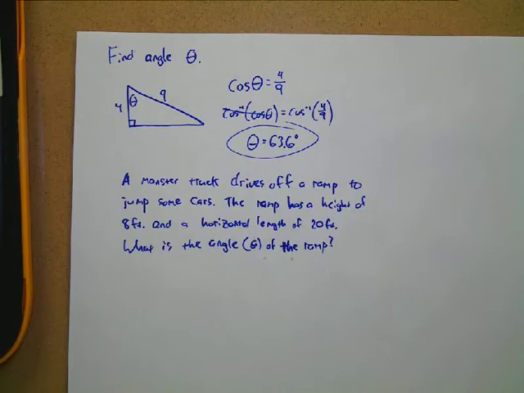Draw the ramp with a height of 8 feet, horizontal length of 20 feet, and then put the theta in where you think it should go, because it's important in situations like this that we put them in the right spot. While you're doing that, I'll go ahead and scan some work.